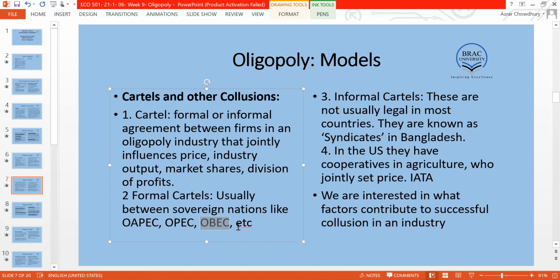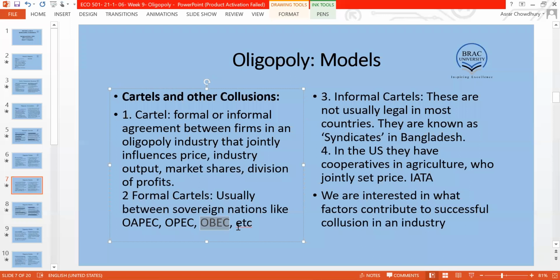When we talk about cartels, we are talking about independent nations. For example, Bangladesh and India can make a cartel regarding the Sundarban. Part of it is in Bangladesh, part of it is in West Bengal in India.